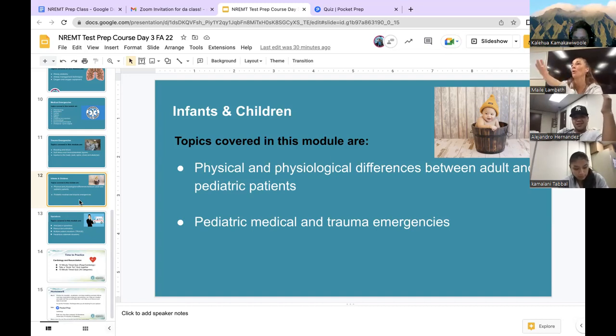Okay, so just to be clear, for peds, and this is an NREMT question, the tongue is proportionally larger compared to the size of the head, right? And it's the head, or just the airway in general, because babies are itty bitty, their bodies are small, and they've got this big old tongue there, which is why when we manipulate their head, what do we need to do when we're ventilating our babies with positive pressure?